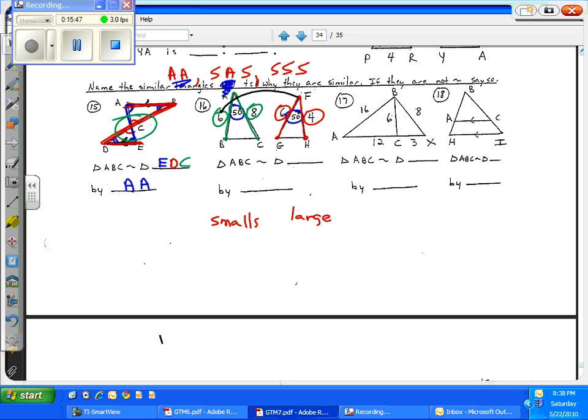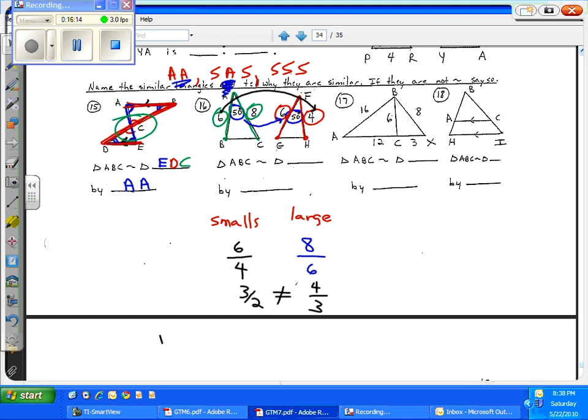Small of this is 6. Small of that is 4. We're going to put small 6 over small 4. Large of this is 8, and large of that is 6, so we put large 8 over large 6. Now we can divide the first set by 2, and it'll reduce to 3 over 2. We can divide the second set by 2, and it'll reduce to 4 over 3.